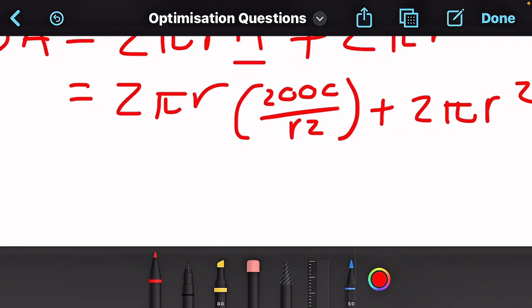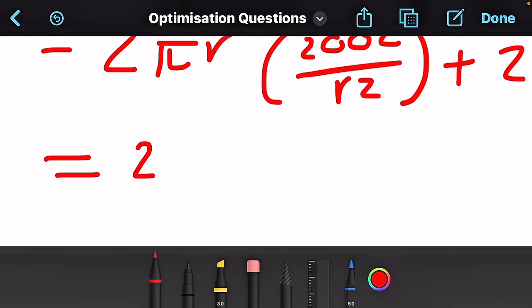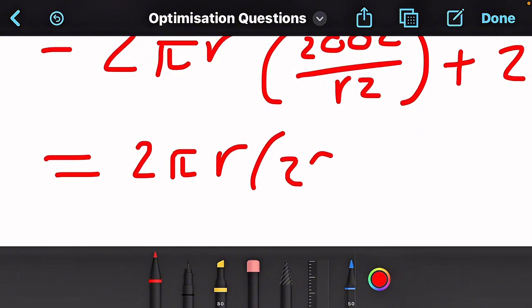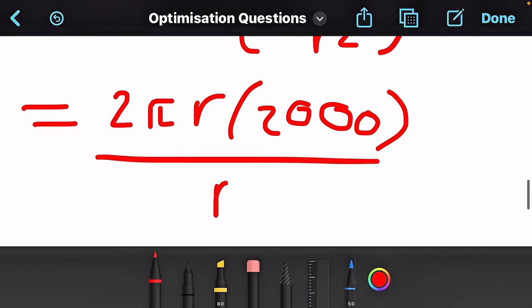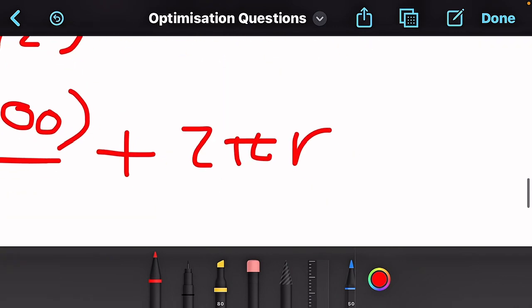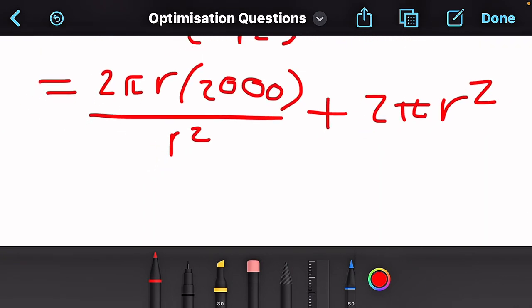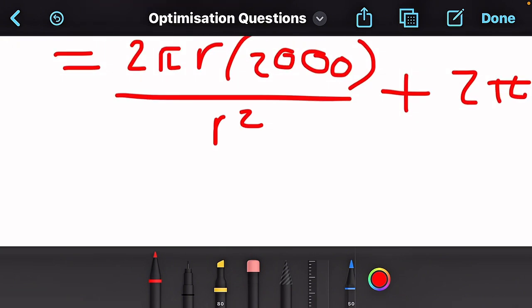Then we can simplify further. We're going to say 2 pi r multiplied by 2000, all of that over r squared, plus 2 pi r squared. Alrighty, so we're going to simplify further.